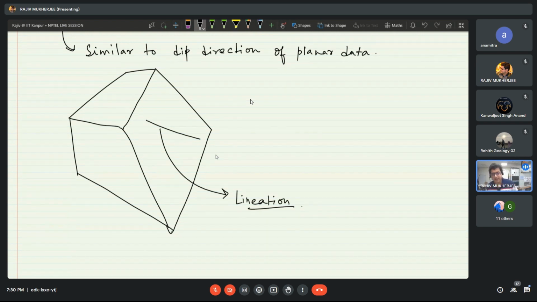Now, as I have mentioned, to measure any azimuthal direction or any bearing, we essentially need a horizontal plane. So say, for example, this is the horizontal plane we are considering.